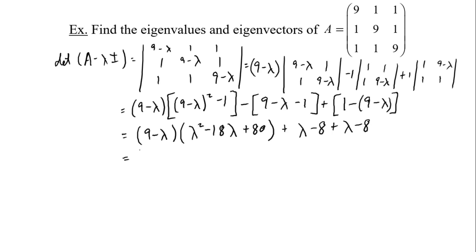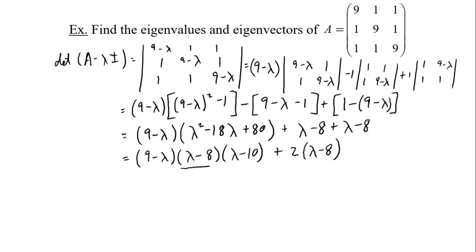So let me point out here in this example, if I factor that quadratic, it becomes lambda minus 8 times lambda minus 10. And then over here, I'm getting 2 times lambda minus 8. The observation is I have two terms. Both terms have a lambda minus 8. So if you go slowly and notice that, and listen, it's not always going to work, but if it does, it can save you a lot of grief factoring that cubic.